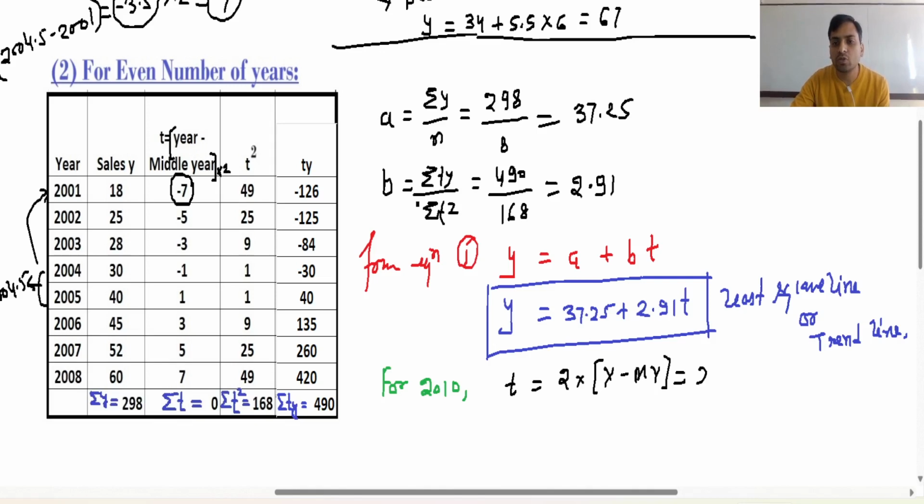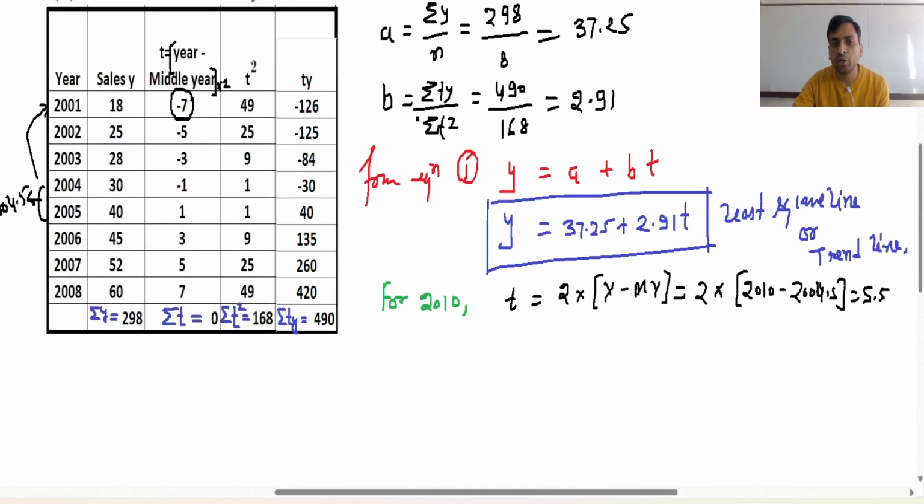So 2 into the year 2010 minus the middle year 2004.5, you will see this as 5.5.